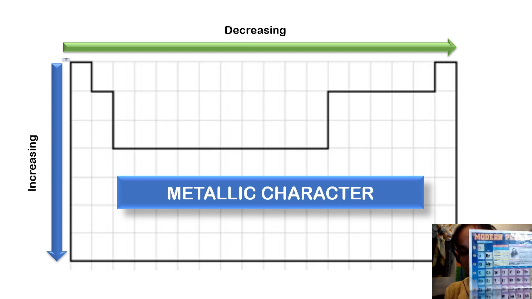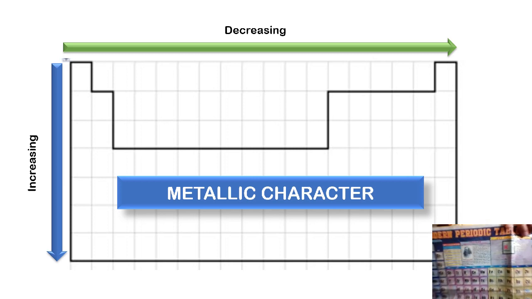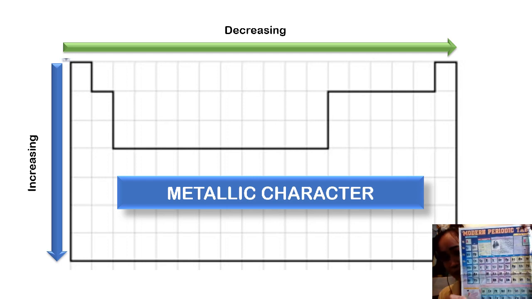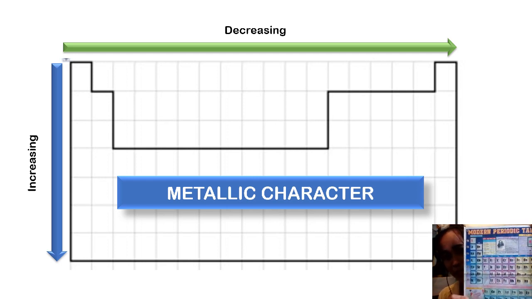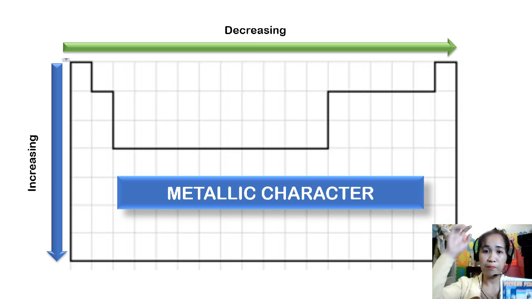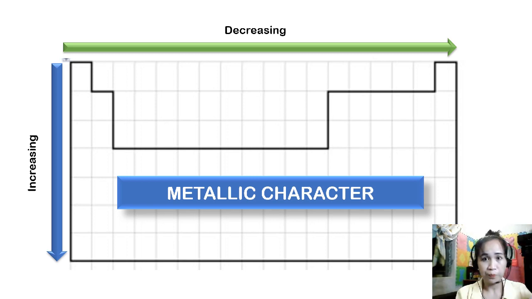It is not clear here, my periodic table is too big to show you. So, take note of that, guys. The metallic character increases from top to bottom and decreases from left to right, while the non-metallic character decreases from top to bottom and increases from left to right.